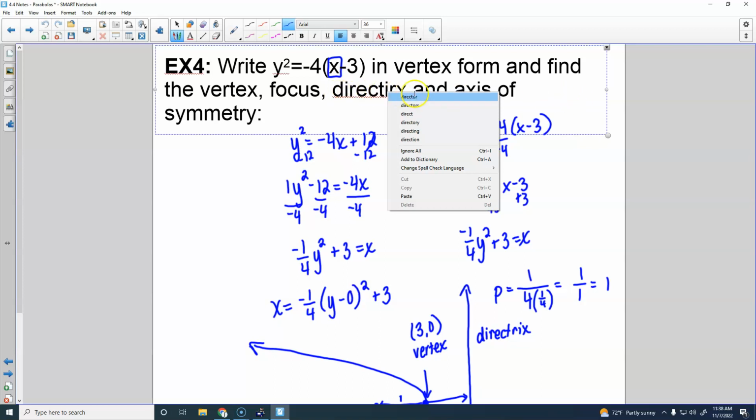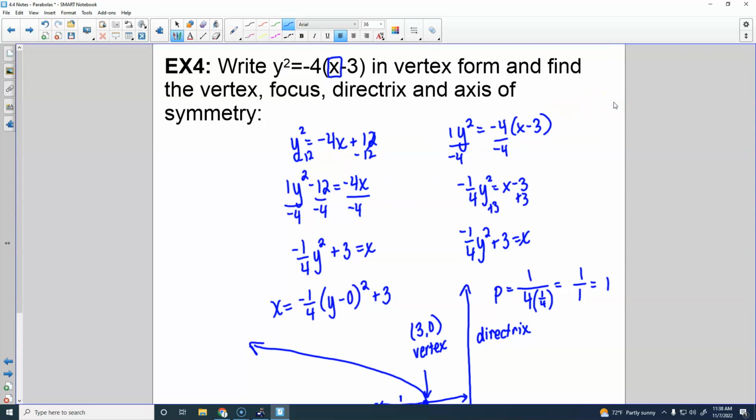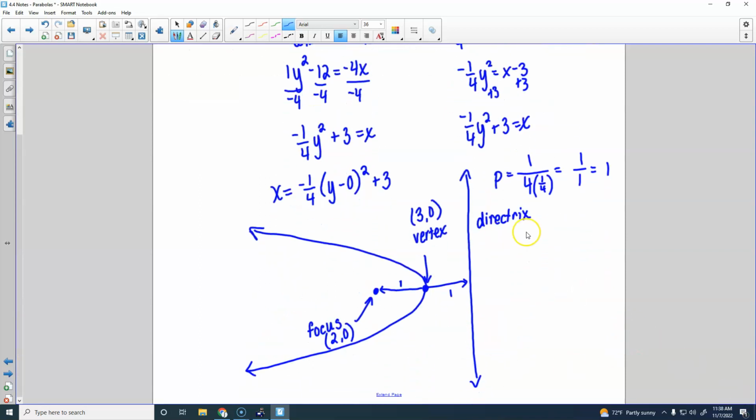You can see it does have it underlined, but none of the options are directrix, and if I fix it, it still says it's wrong. So that's my justification for why I did it all wrong. It's not necessarily a good one, but sometimes I am smarter than the spell checker on this, because I'm using such fancy words it doesn't even know what I'm saying. But if I spell said fancy words wrong, it's not going to catch it because it's underlining it either way. So it should be RIX. Thank you for catching that.